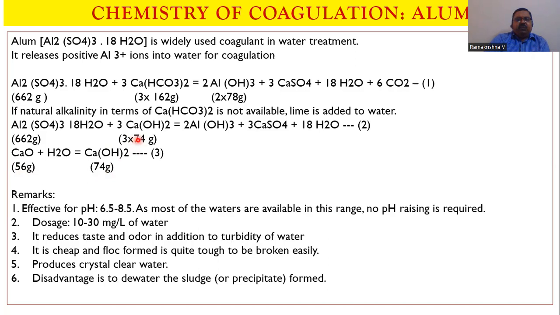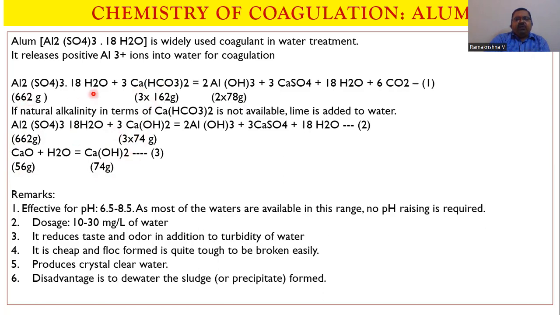Similarly, 3 moles of hydrated lime are required for 1 mole of alum. Another thing is that 3 moles of hydrated lime is equivalent to 3 moles of natural alkalinity, which is equivalent to 1 mole of alum.